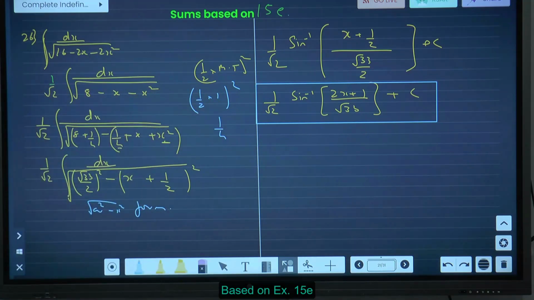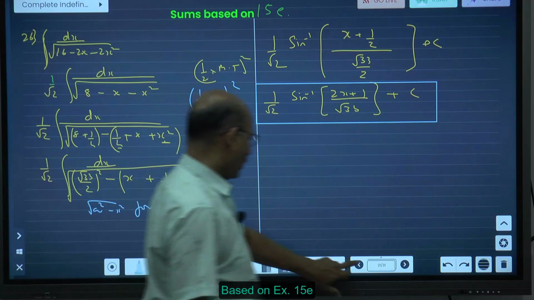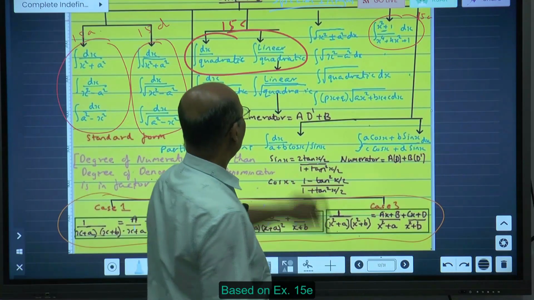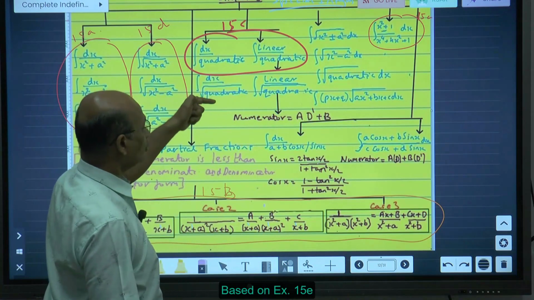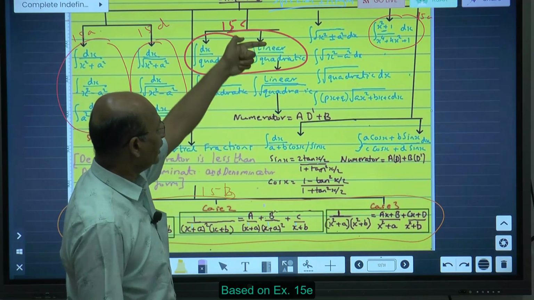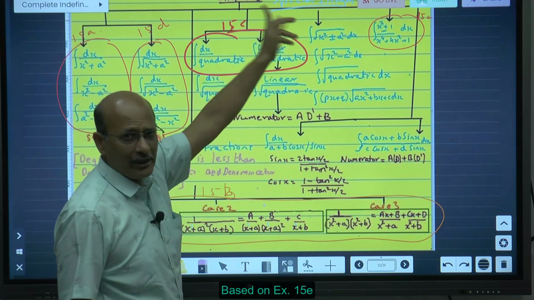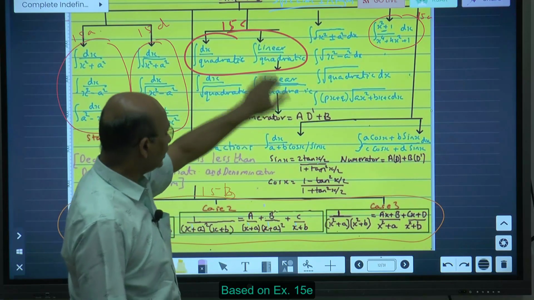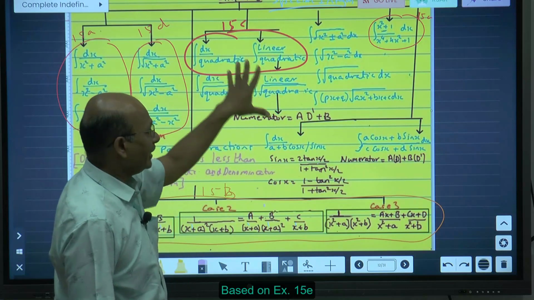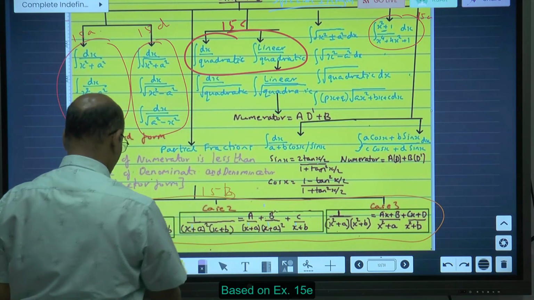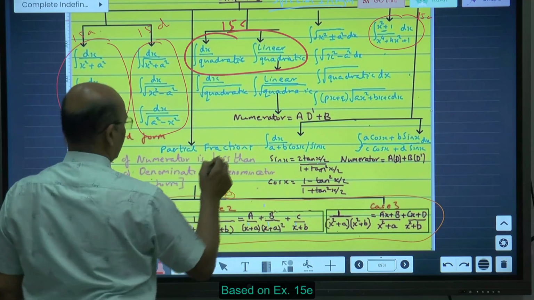So 15E sums we are doing, dx upon quadratic. Just want to share with you and show you what we are talking about. Dx upon quadratic, root quadratic and linear upon. Here what we did for linear upon quadratic, you took the numerator as a into derivative of denominator plus b. So similarly here also same procedure. Okay, now this is based on I think 15E.